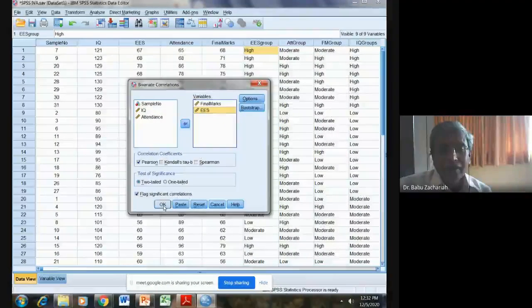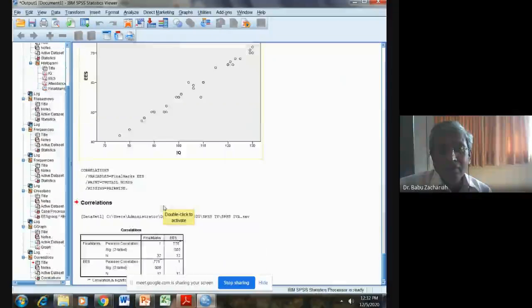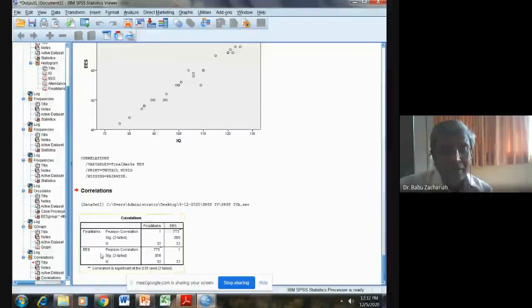Okay, click. So here in the correlation box, final marks versus EES, the value is 0.775. Okay, that means there's a strong positive correlation between entrance examination score and final marks.